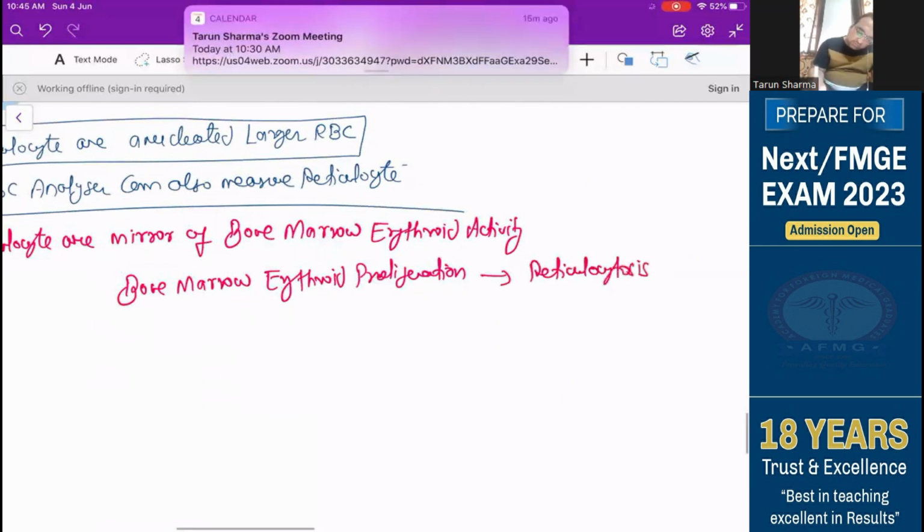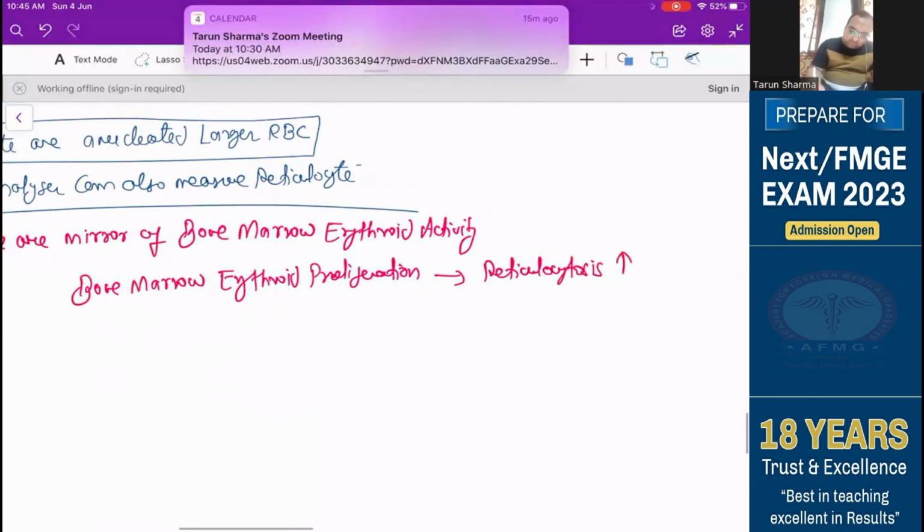The reticulocyte count will be increased, but where? In peripheral blood. So whenever you want to see whether our bone marrow has active proliferation of erythroid cells or not, it's not necessary to do bone marrow aspiration every time.